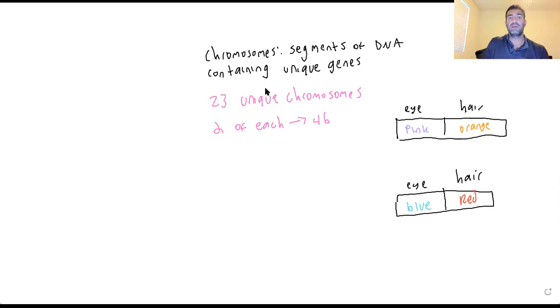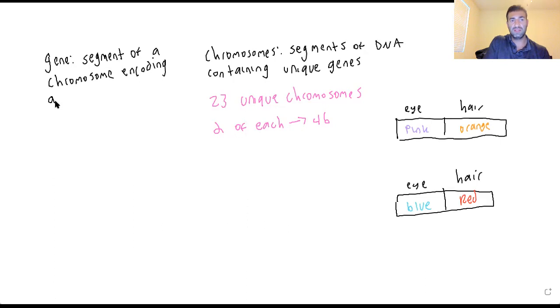So if we're going to write here a gene, well, actually, let me write this down here. So a gene is a segment of a chromosome encoding a single protein or trait. Encoding a single trait. So we see here that the gene is not the allele.